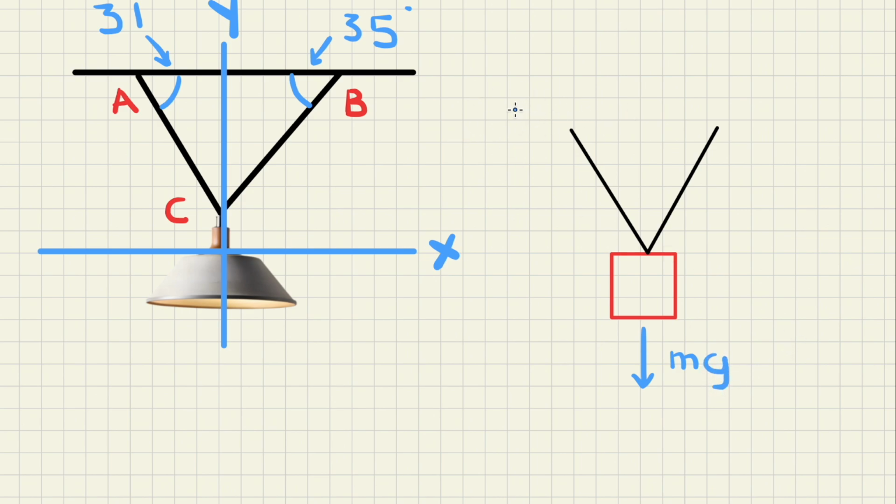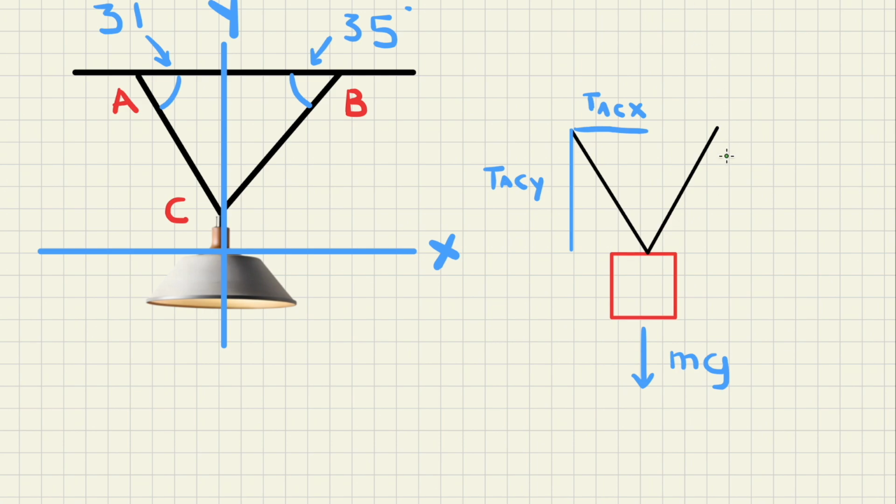And we have tension in the x direction for this line. So this is tension AC in the x direction. And then we also have the tension AC in the y direction.